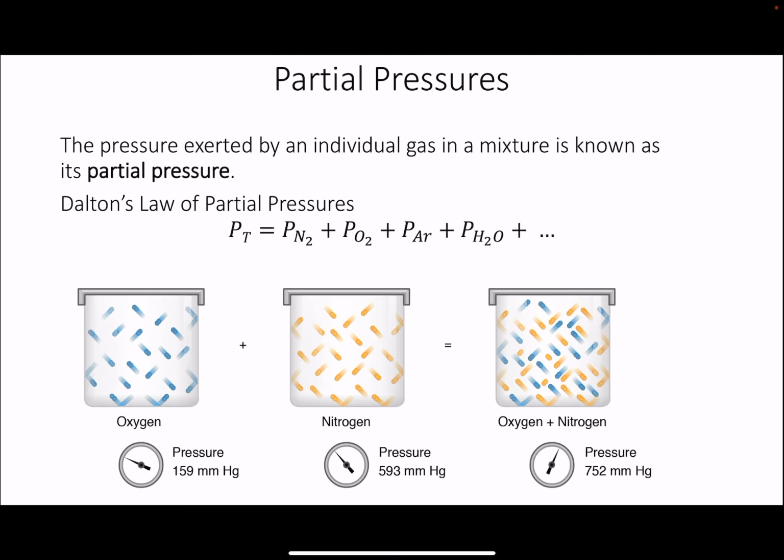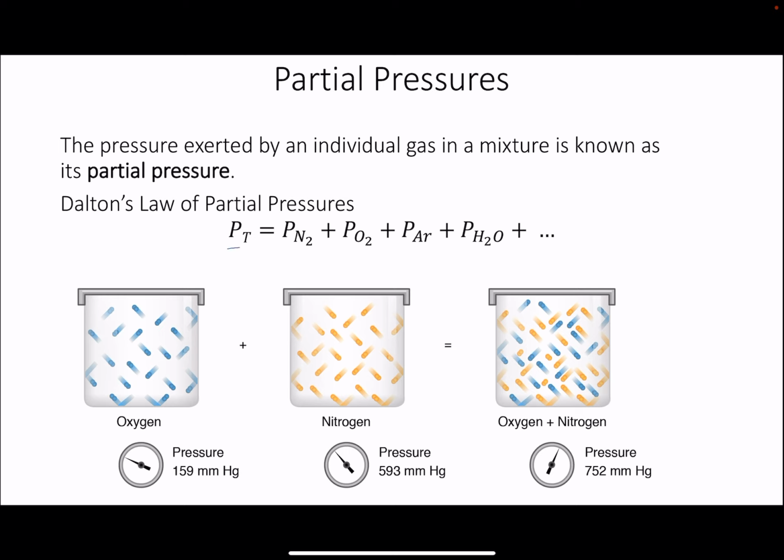So the way we think about gases in the atmosphere is usually by describing them as partial pressures. The pressure exerted by an individual gas in a mixture is its partial pressure. One way to think about it is described by Dalton's law of partial pressures.